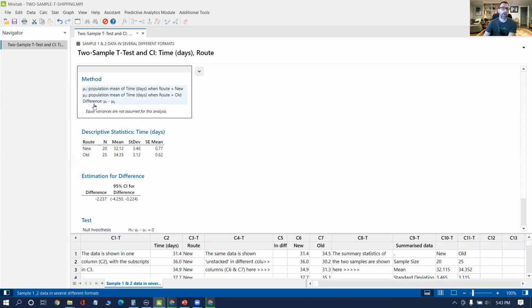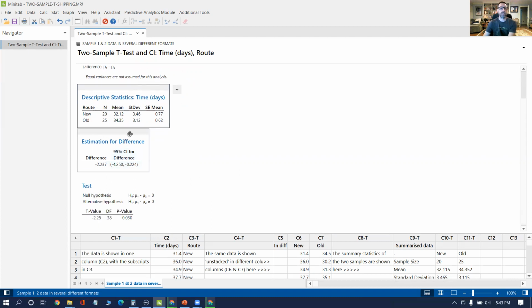It's comparing the difference. So mu sub 1 minus mu sub 2 is what it's looking at. My descriptive statistics: I have 20 rows of data for the new route, mean is 32.12. I have 25 rows of data from the old route, the mean is 34.35.